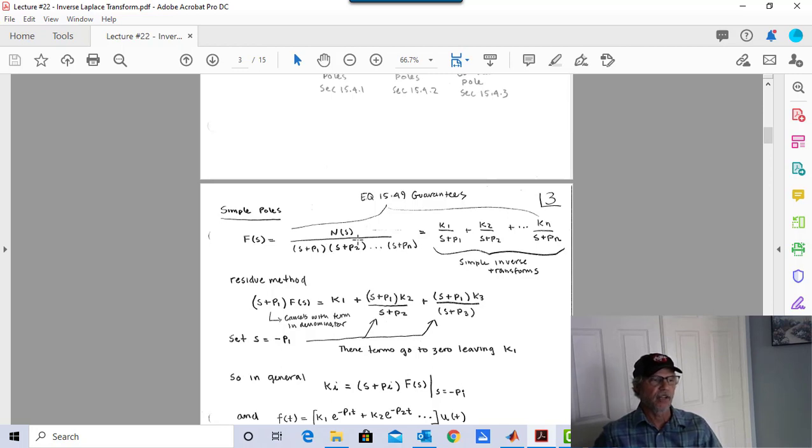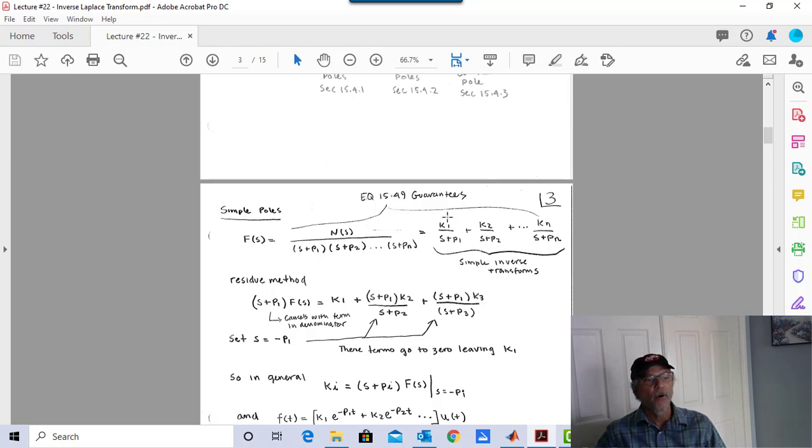Here's the guarantee. If I have simple poles, I can represent this transfer function as K1 over S plus P1 plus K2 over S plus P2 plus K sub n divided by S plus P sub n. So this is a guarantee.